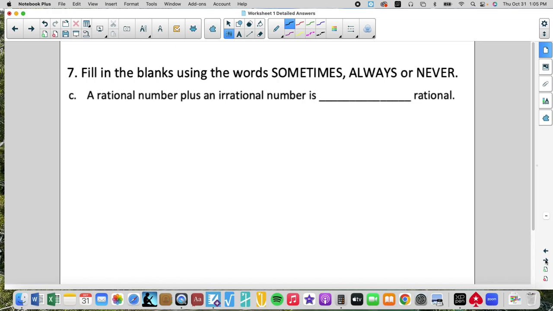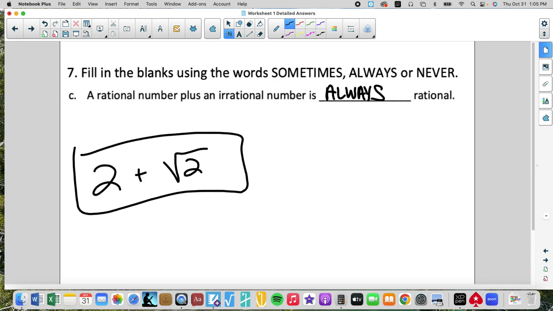Fill in the blanks. A rational number plus an irrational number is always irrational. It doesn't matter what you add to an irrational number. Rad 2 is an irrational number. If we add 2 to it, you can't simplify that, so you still end up with an irrational number.